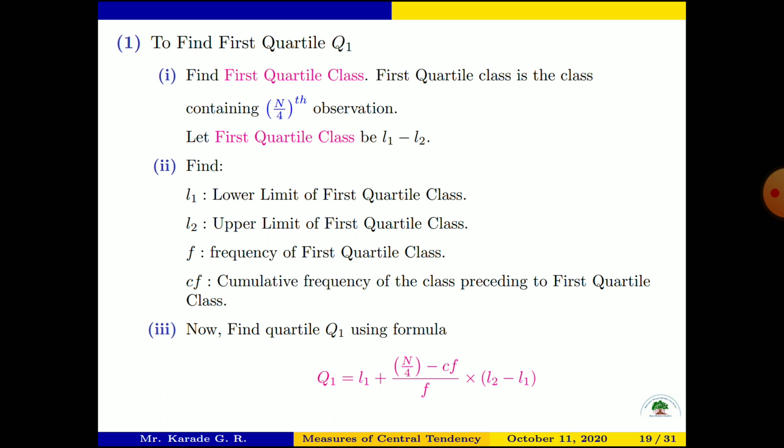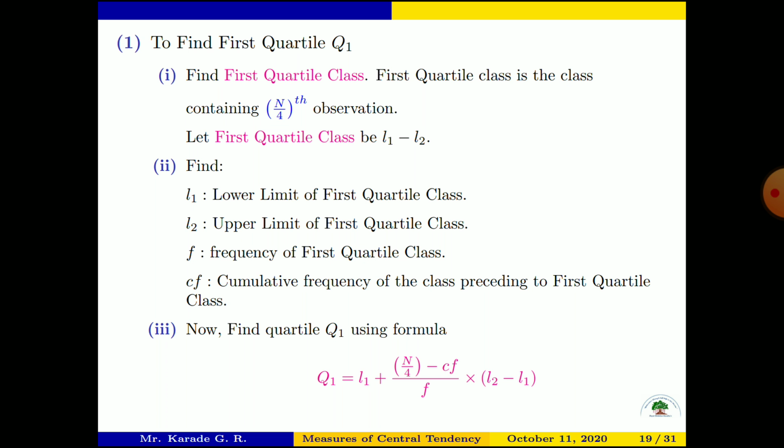In the third step, now find quartile Q1 by using the formula. So note down this formula in your notebook. Q1 is equal to L1 plus (N by 4 minus cf) divided by f into (L2 minus L1). The formula is very simple.